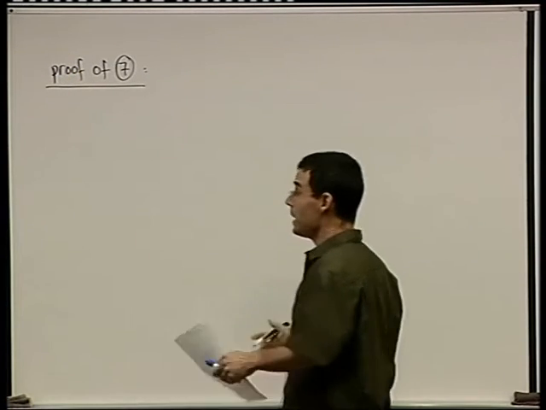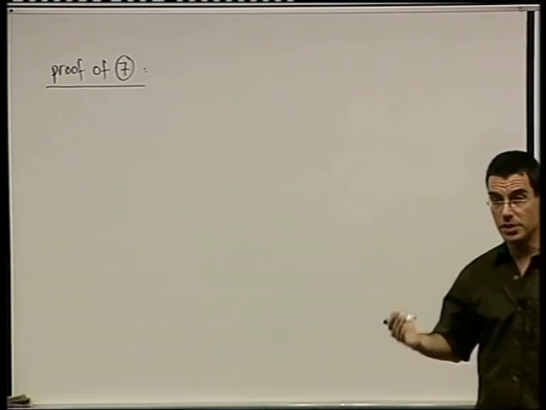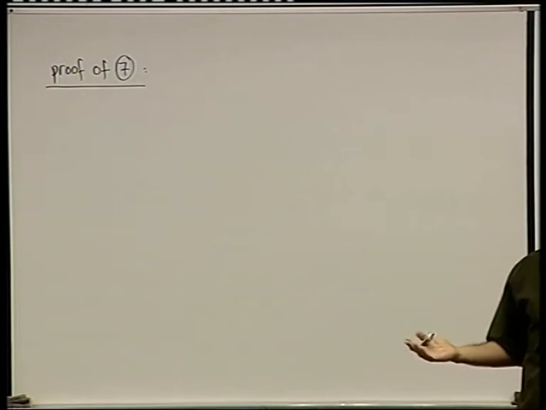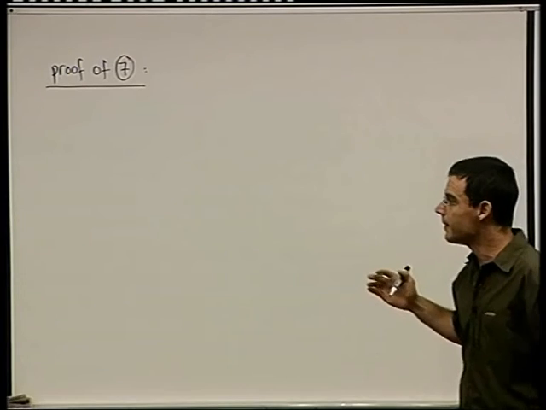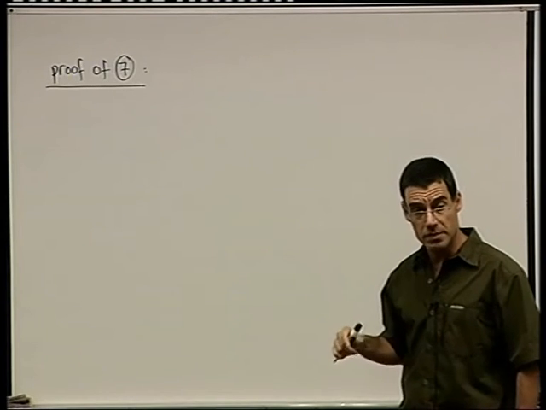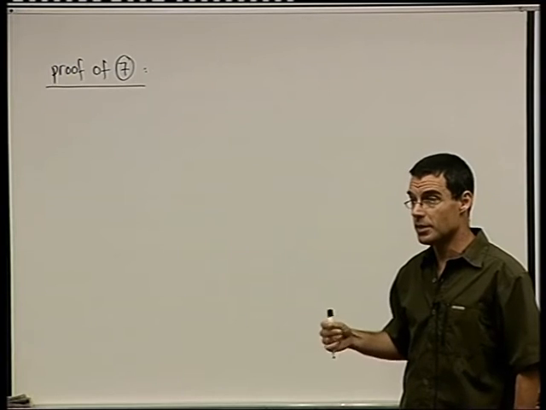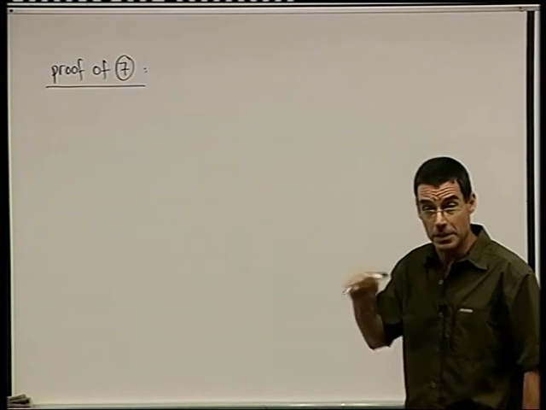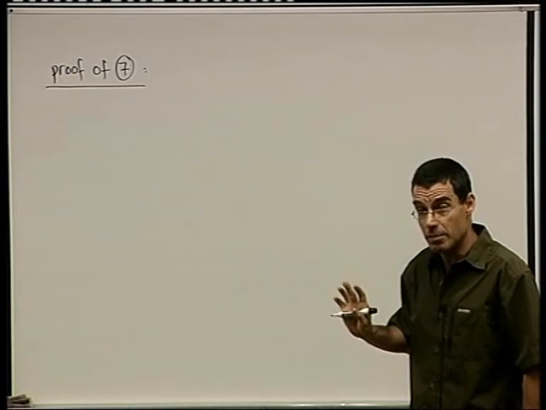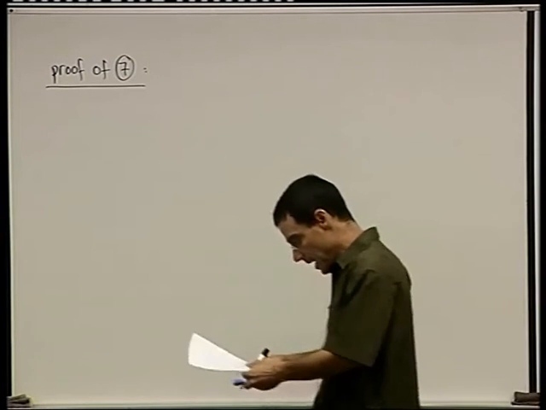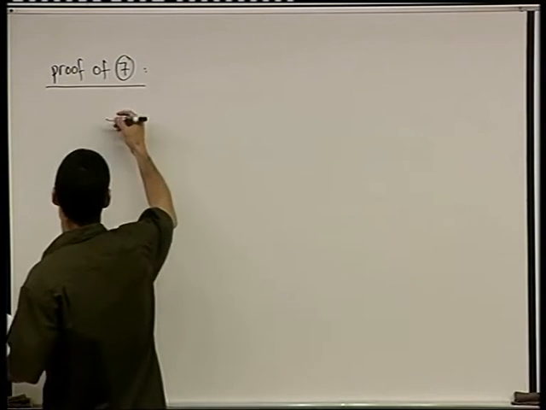So remember, in proving that two matrices are the same, we need to prove two things. The first thing we need to prove is that they're the same in terms of the dimensions, that the dimensions match. The second thing we have to prove is that they're the same element-wise, that the elements match. And those are not necessarily the same thing. We have to do both. Okay? So let's start with dimensions.